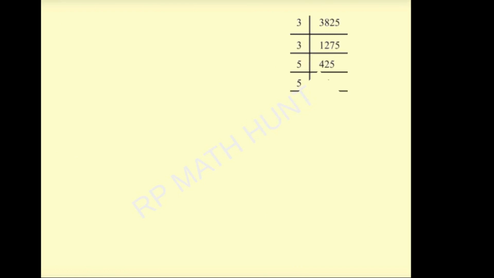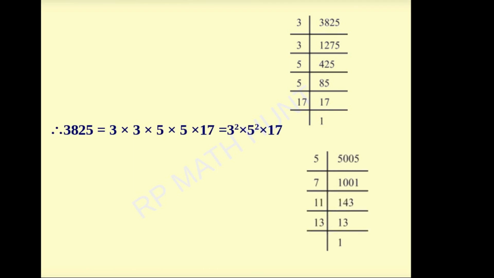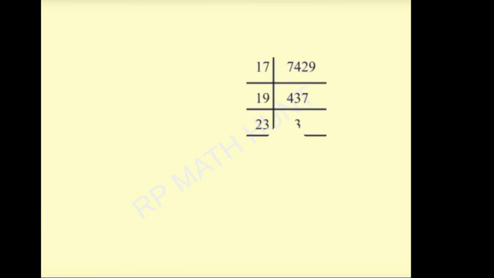Now one more, 3825. It is 3 into 3 into 5 into 5 into 17, that is 3 square into 5 square into 17. One more, 5005. It is also very simple, 5 into 7 into 11 into 13, because there is no square or cube. Now 7429, 17 into 19 into 23, all primes are there.